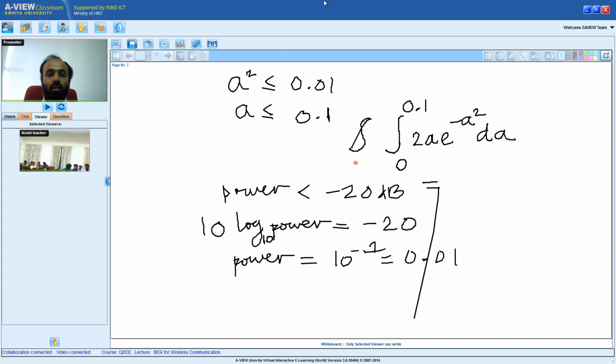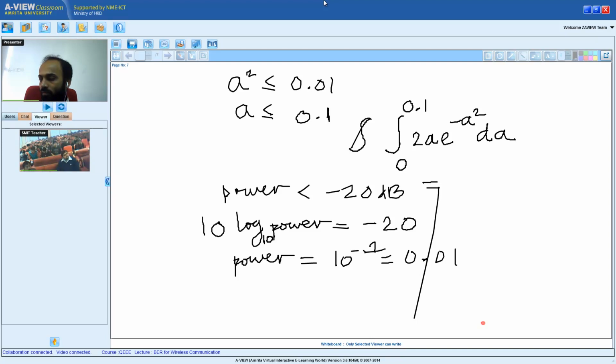What is the integral? SMIT, do you have the answer? What is the integral of 2a e to the power of minus a square?